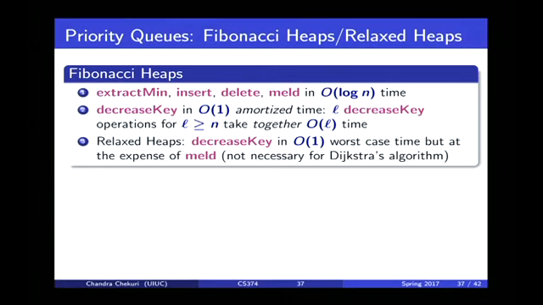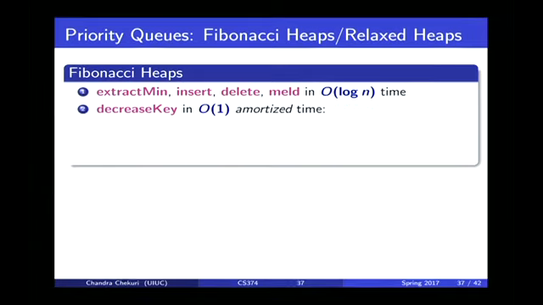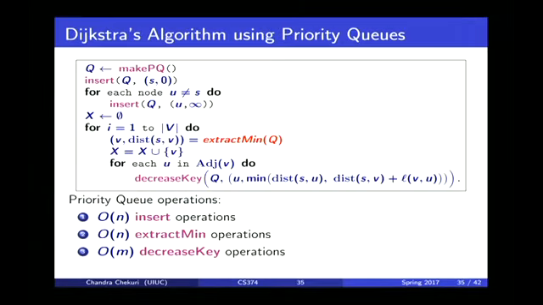Now, assuming that you had this fancy data structure, then the running time becomes n log n plus m, right? Why? Because the number of decrease key operations is m, extract min is n, and insert is n. So if decrease key is constant and the others are log n, what do you get? n log n plus m.